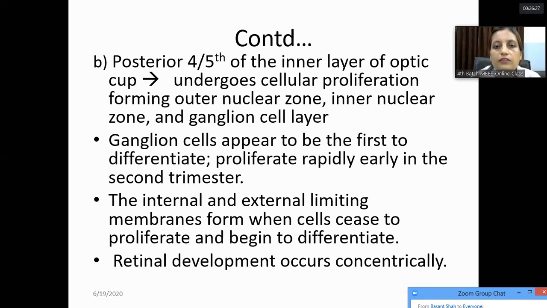So how the retina develops, and from where the different layers of the retina develop, you will come to know when you go through the retinal layers: the ganglion cells, the internal limiting membrane, the external limiting membrane. Retinal development occurs concentrically.